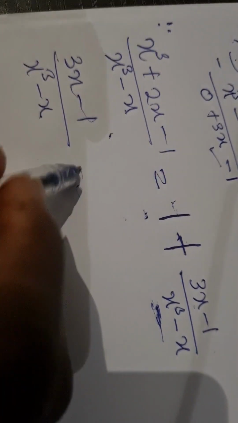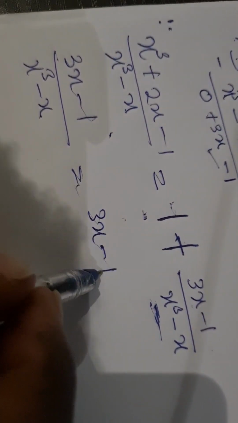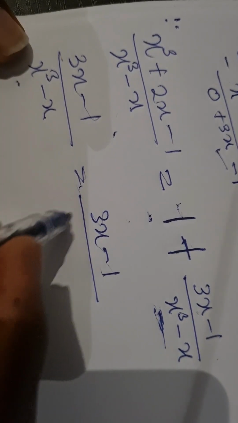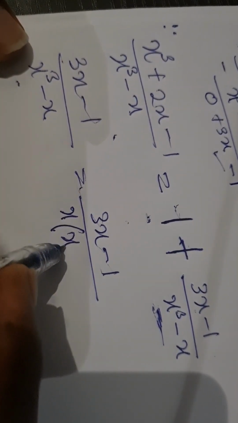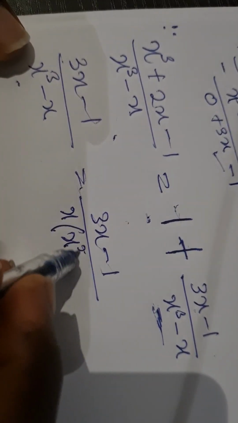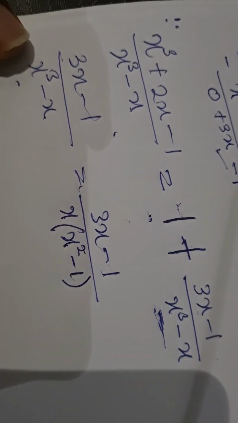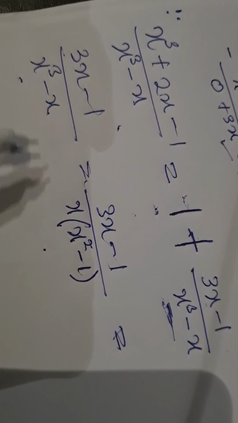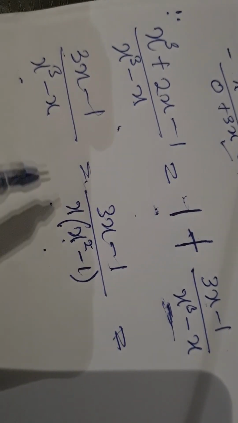This is equal to 3x minus 1 all over, if I factorize this, x into (x squared minus 1). And this is correct, because x times x squared is x cubed, x times minus 1 is minus x, so it's correct.